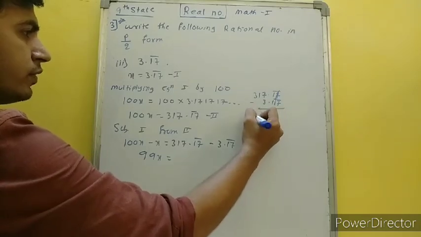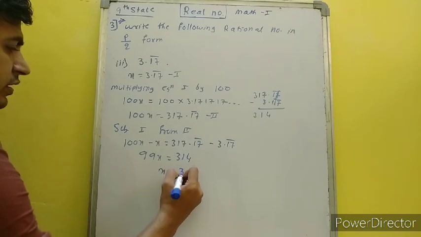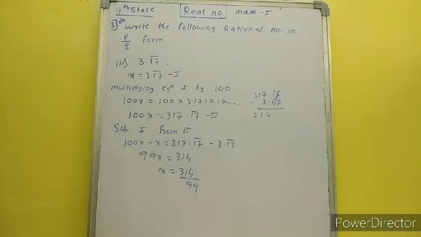We have 314. So the value of x is 314 upon 99. This is the value of P upon Q. That's correct. Now we will move to the next one, that is the fourth one.